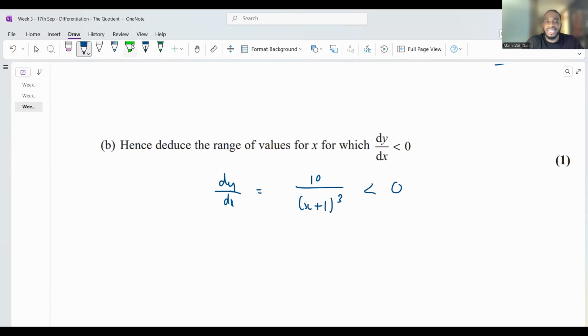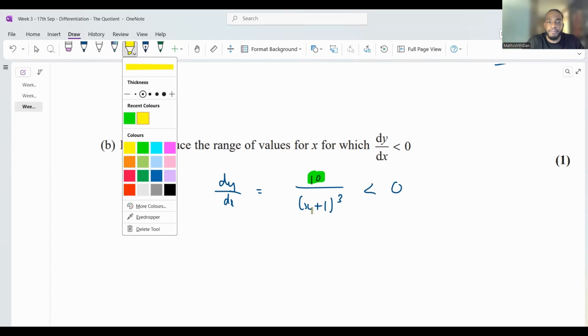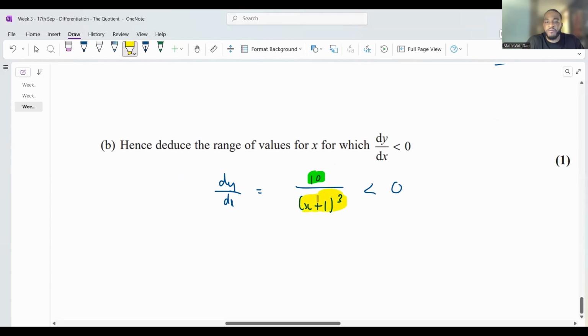This is a fraction. What you want to do with these types of questions is inspect the fraction, right? There are essentially two parts. There's a numerator, there's a denominator, right? Now, for this fraction to vary, to change, this algebraic expression that is a fraction, which parts will we be looking at, guys, in terms of the green and the yellow? Will the green determine what sign this fraction takes, or would the yellow determine it, guys?